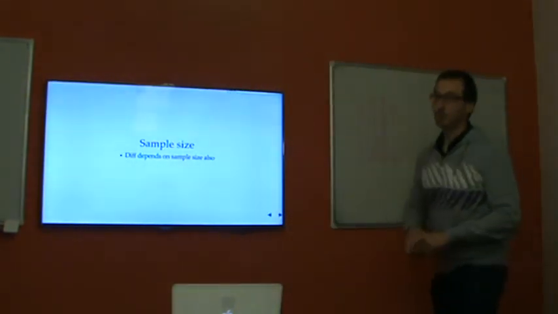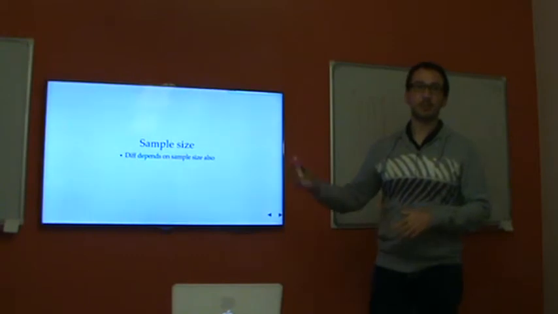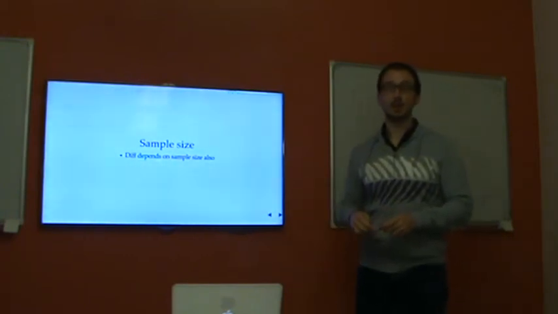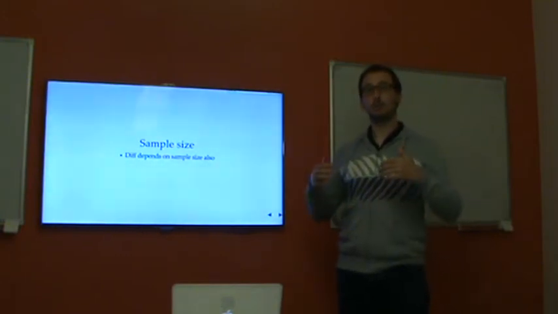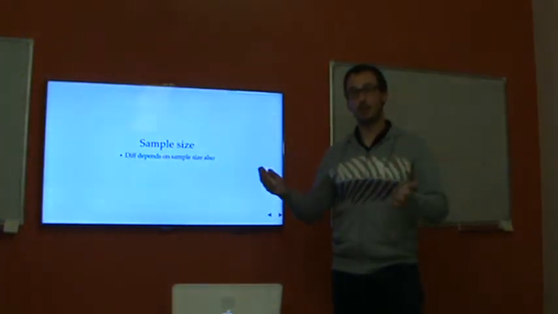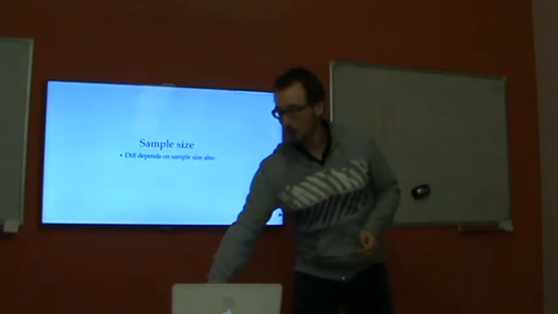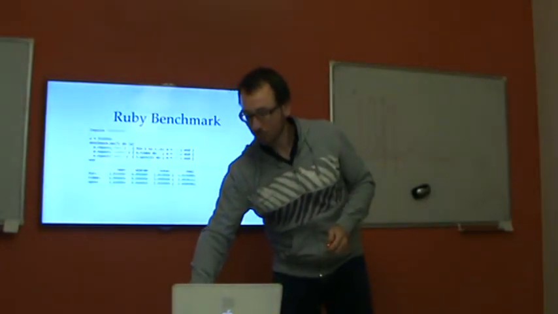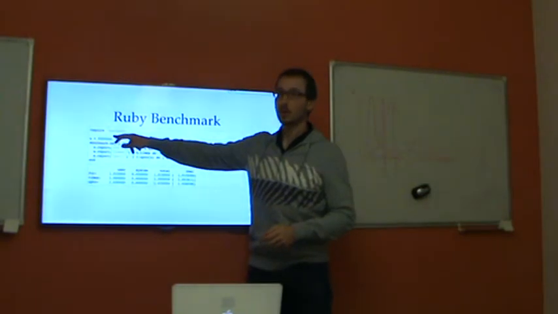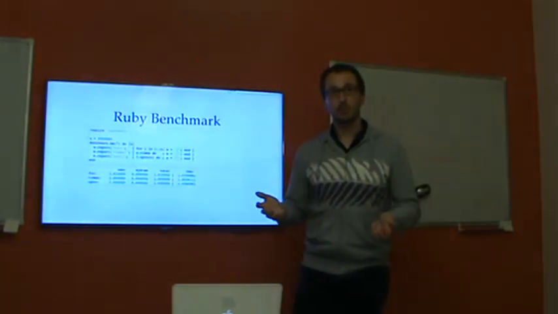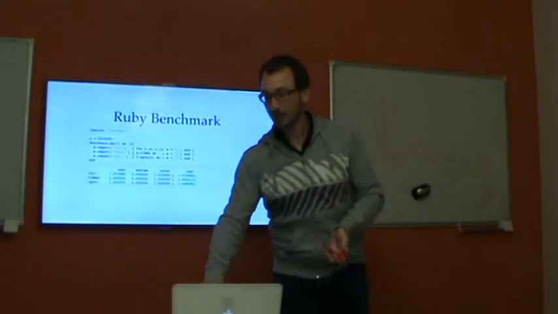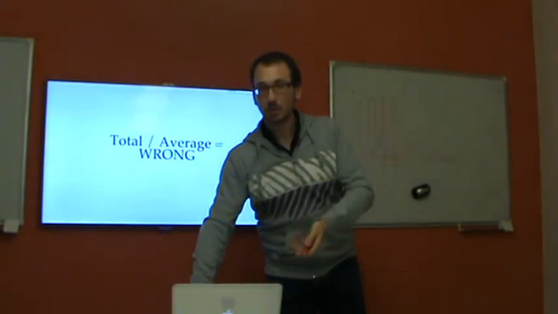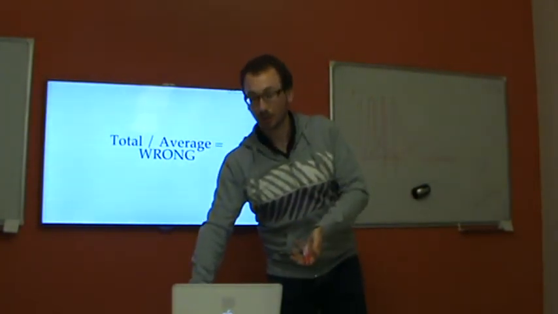And it's not because you run things a lot of times that it will fix this. If you have a big sample size, if we boost that number, it's a way to boost the difference. So you will create the illusion that it is better, but it's not necessarily the case, because usually the difference depends on the sample size.